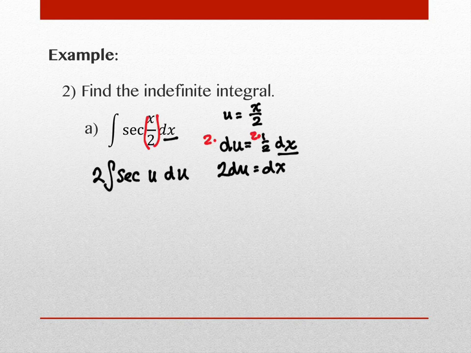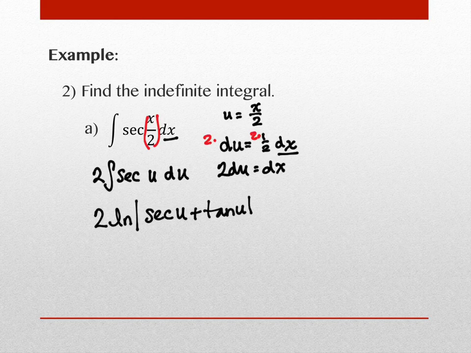And then it's a direct application of the previous one that we just did, right, where we had the secant of x. It's the second one to the bottom on the paper. The 2 stays at the beginning. This is the natural log of the absolute value of the secant of u plus the tangent of u plus c. That's what it says.